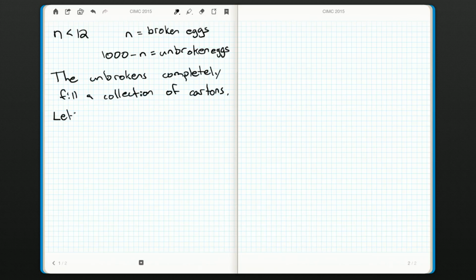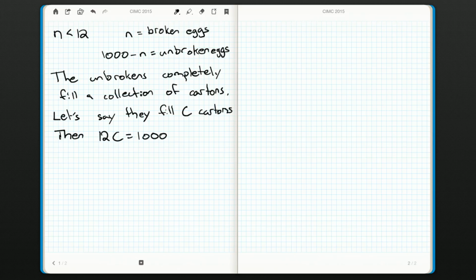So let's say they fill C cartons. Then since each carton has 12 eggs in it, we know that 12C is going to be 1,000 minus N.